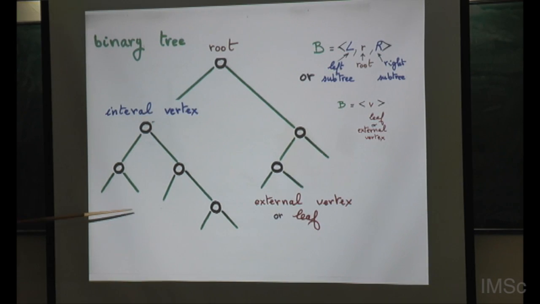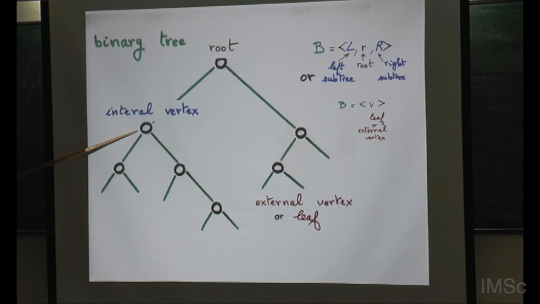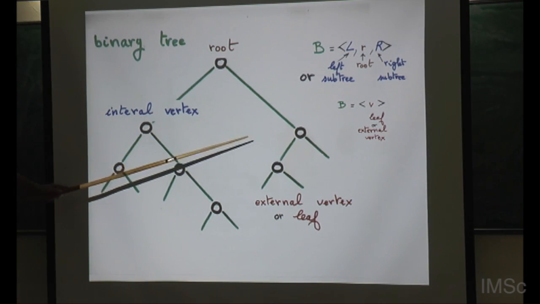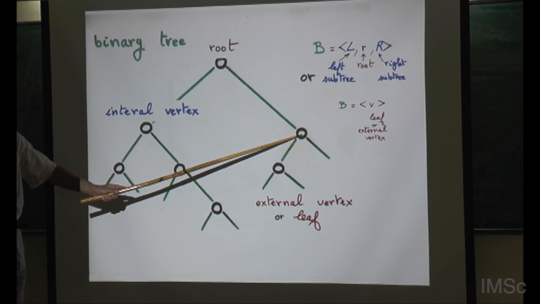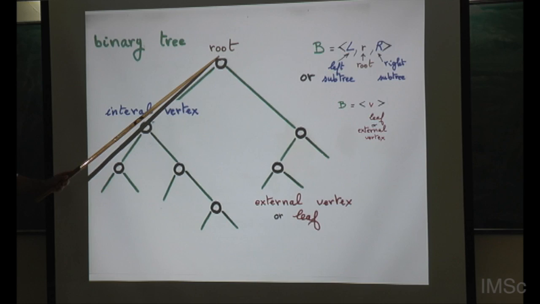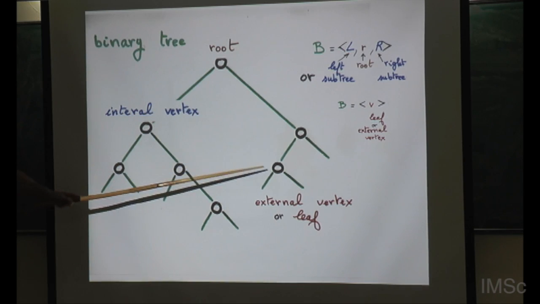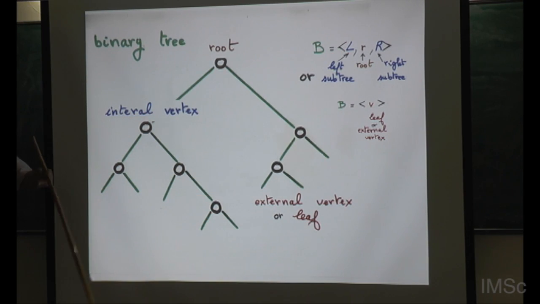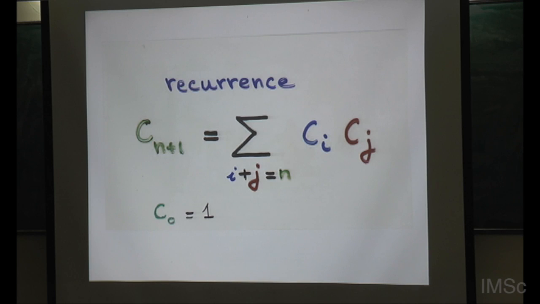So you choose any left subtree with i vertices, any right subtree with j vertices. The total number of vertices is i plus j plus 1. And the choices of the left subtree and right subtree are totally independent. There is no relation between the left and right subtree, so you easily get this recurrence relation.